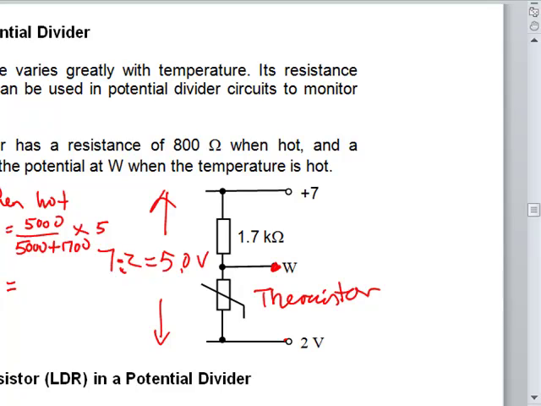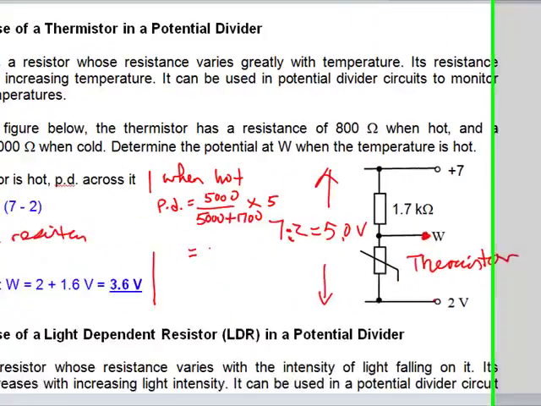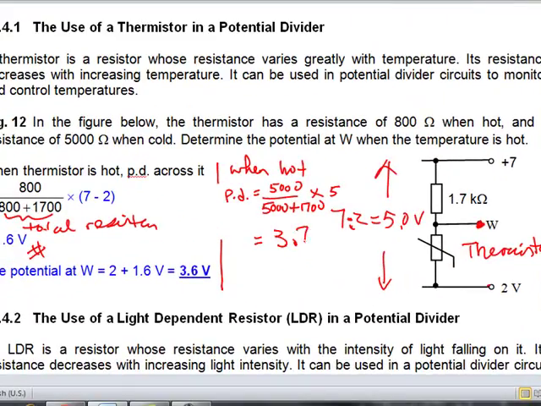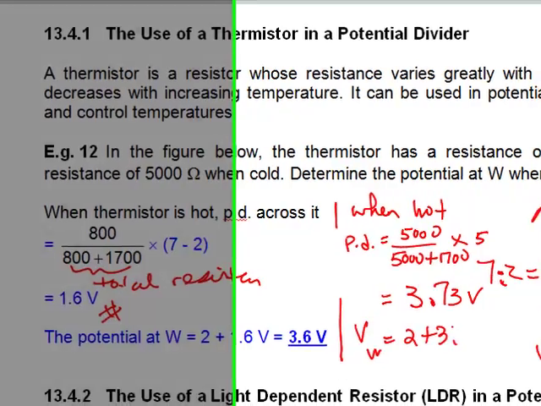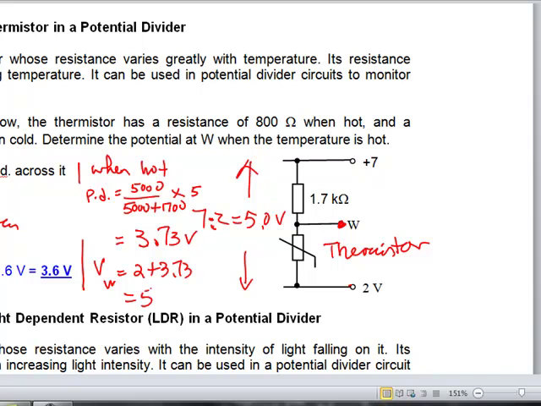If we work out this ratio and multiply by 5, you get 3.73 volt. And so the potential at W is 2 volt plus 3.73 volt, which is 5.73 volt. This is when it is cold.